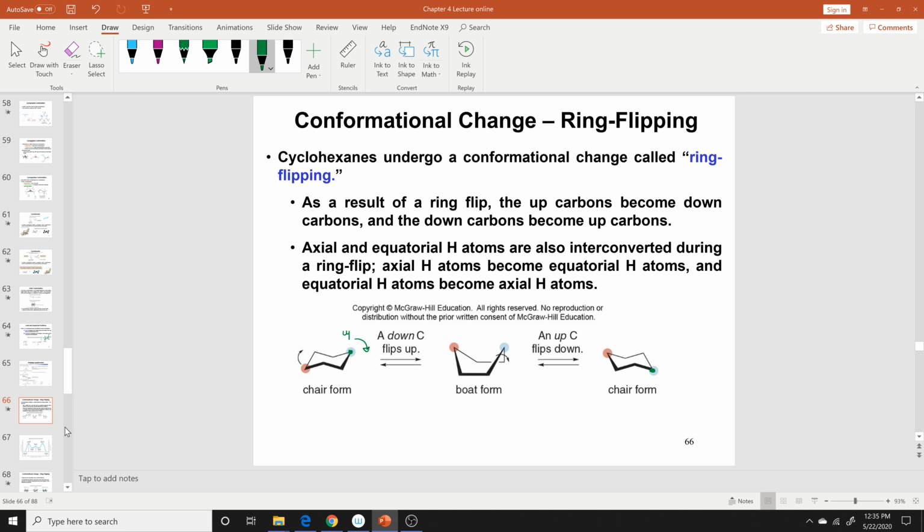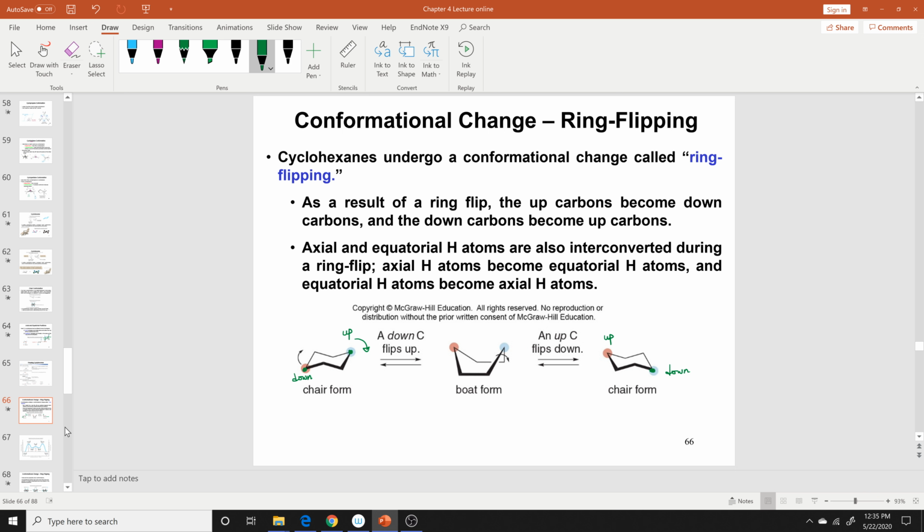So the up carbon becomes down, and the down carbon, you flip it and it becomes up. So basically the up carbon becomes down and the down carbon becomes up.